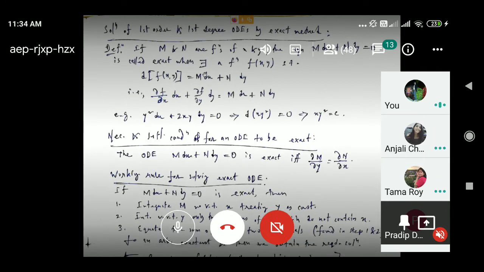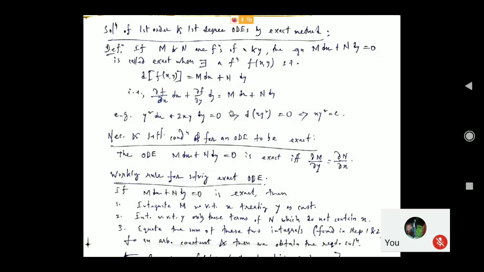Yes, sir. Yeah. So what I'm telling, so we have this type of differential equation, M dx plus N dy equal to 0. So here we have this M dx plus N dy equal to 0. We are writing it as d of xy² equal to 0.